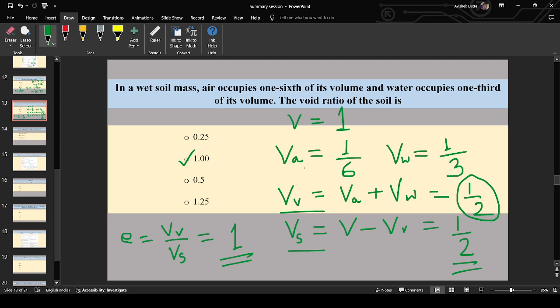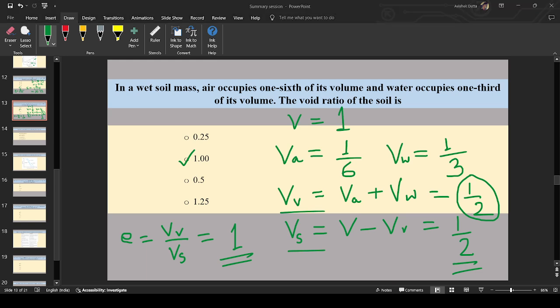So first of all we just write down the volume of air and volume of water in terms of the total volume of soil mass. Next, we find out the volume of the void by adding up the volume of air and volume of water. Then we find out the volume of the soil solids by subtracting the volume of void from the total volume of soil mass.